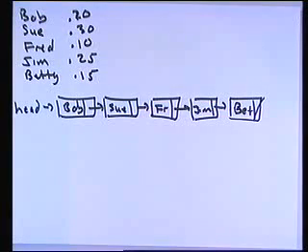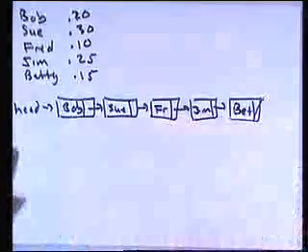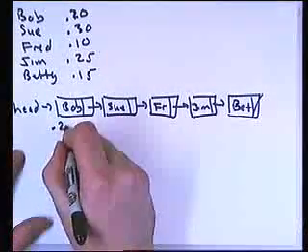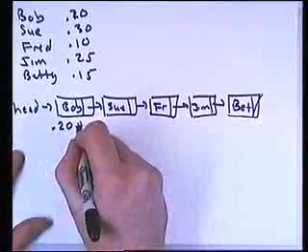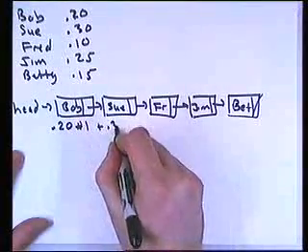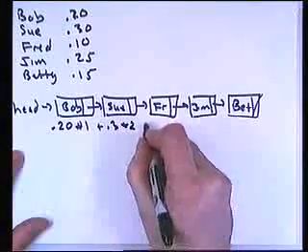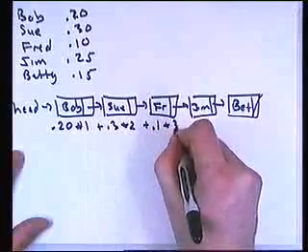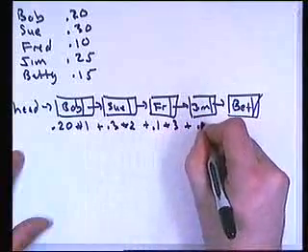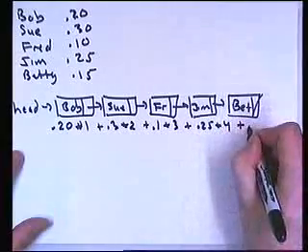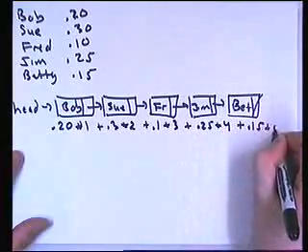So now, if we were to run that, we might have an optimal arrangement, because we can say Bob's got a 20% chance of being looked up, and its cost is 1, plus Sue's got a 30% chance of being looked up times the cost of 2, plus Fred's got only a 10% chance of being looked up times the cost of 3, plus we look up Jim 25% of the time times the cost of 4, plus we look up Betty 15% of the time times the cost of 5.